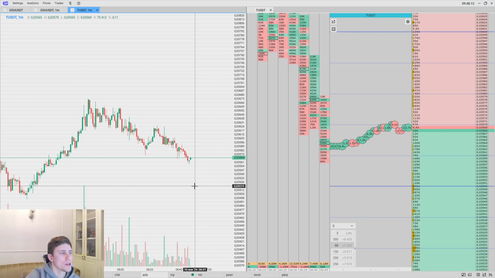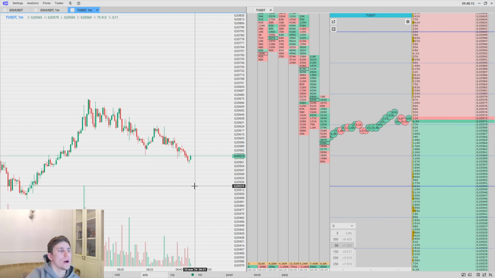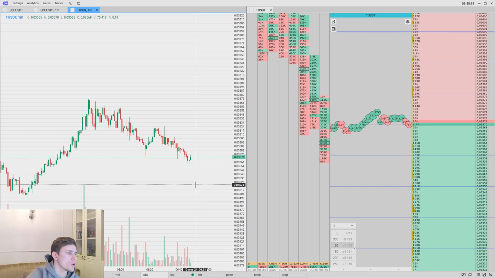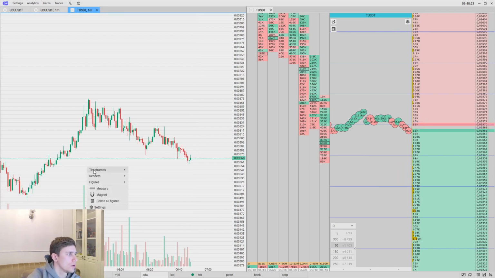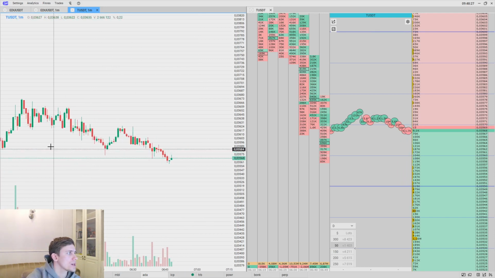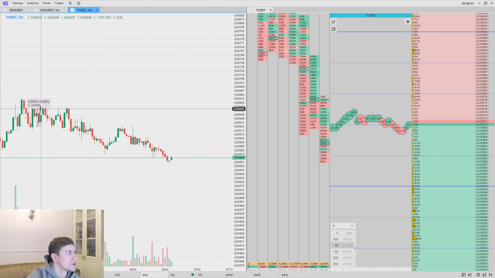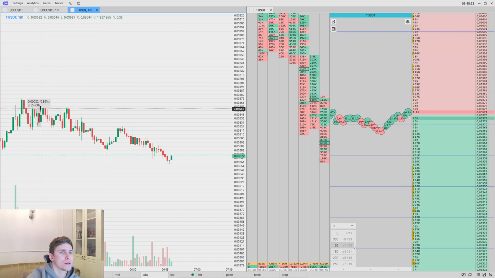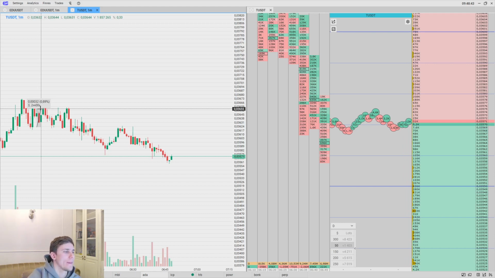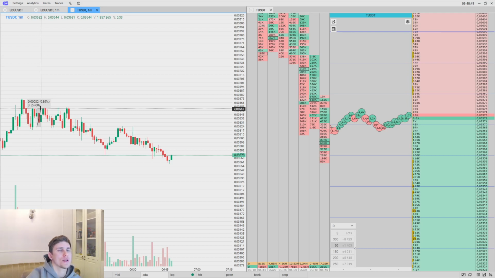Finally, we can measure the volatility to understand whether it will be reasonable to trade this instrument or not. We can measure the parameter of volatility just by using a ruler. Right mouse button, measure, and we just measure the average 1 minute candle. The ideal volatility for your trading is when an average 1 minute candle corresponds to 1 to 1.5% of movement.